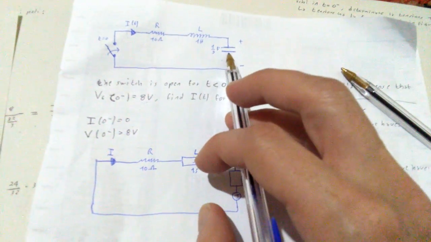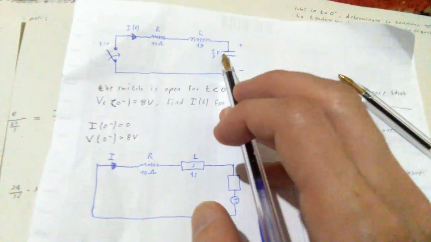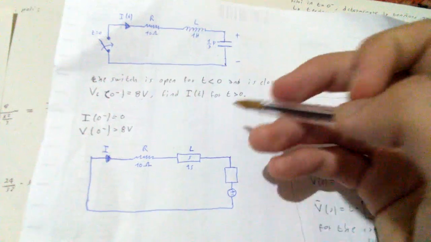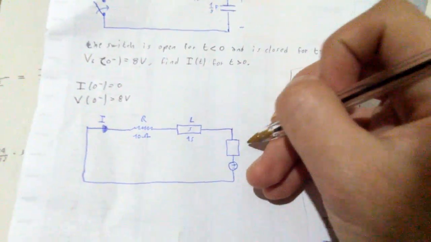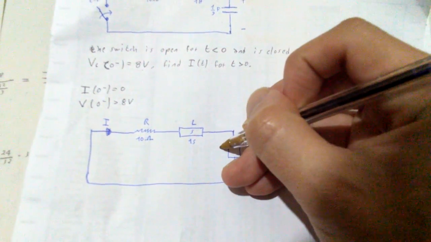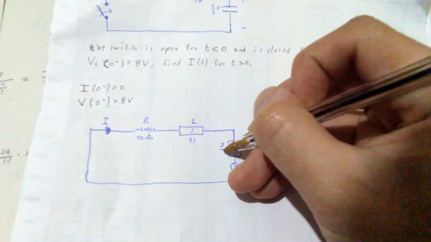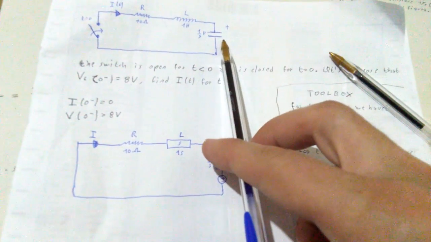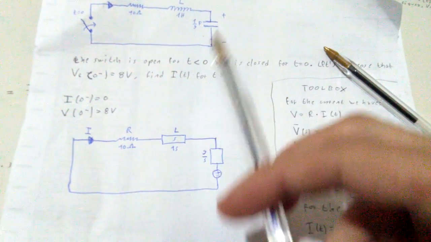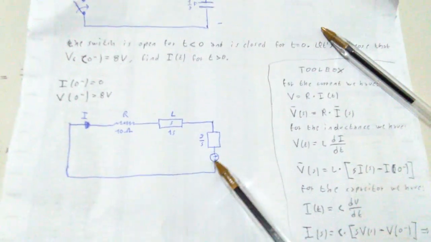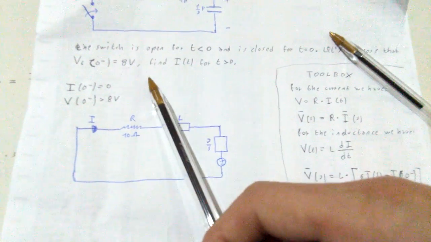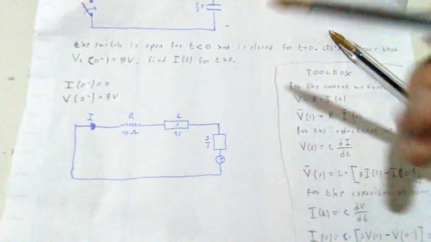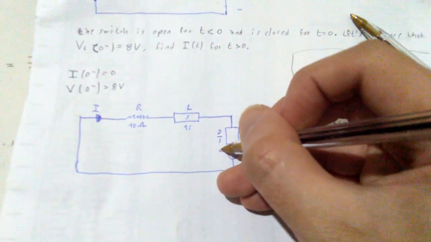Now we had the capacitor with a capacitance of 1/9 of a farad, so this is going to be 9 over s. And then we have the power source, which is still a capacitor, but which is 8 volt, so it's actually going to be 8 over s.